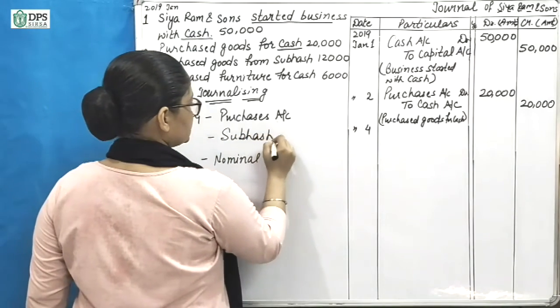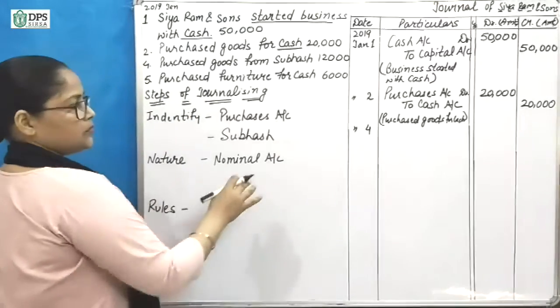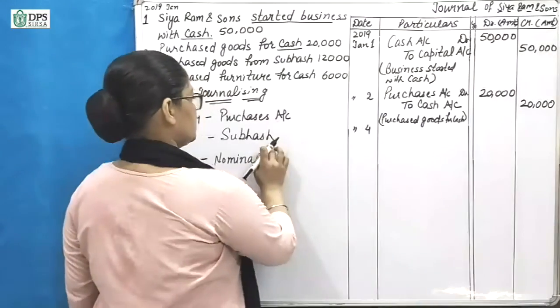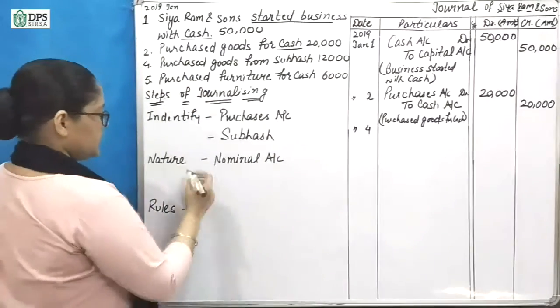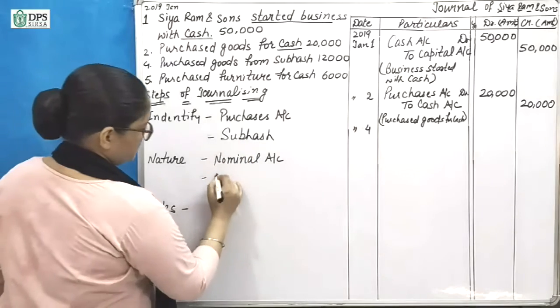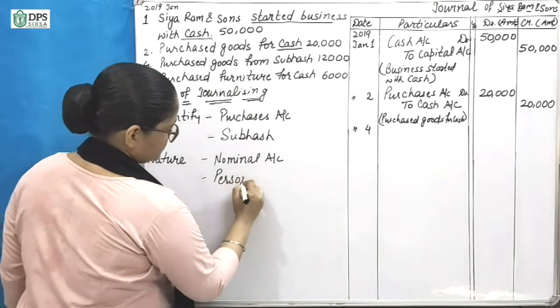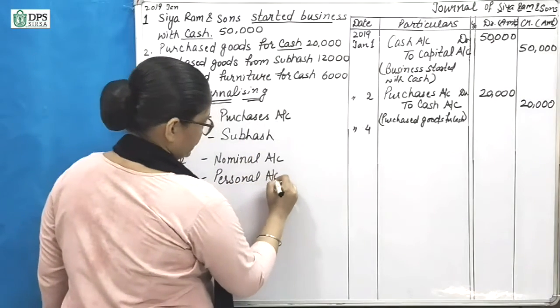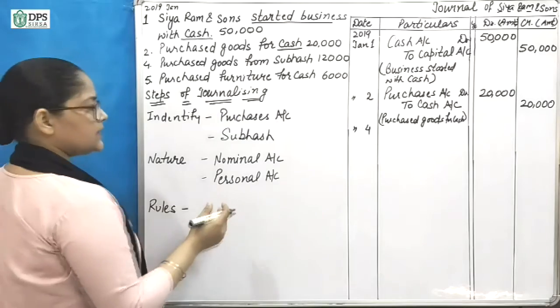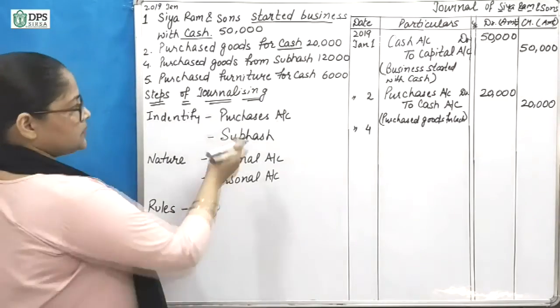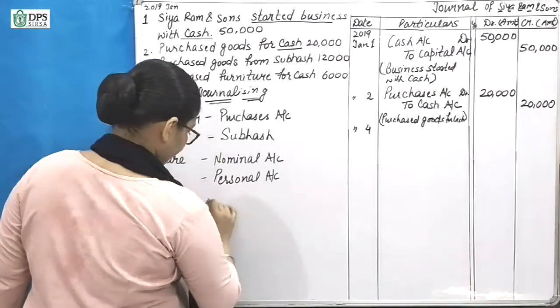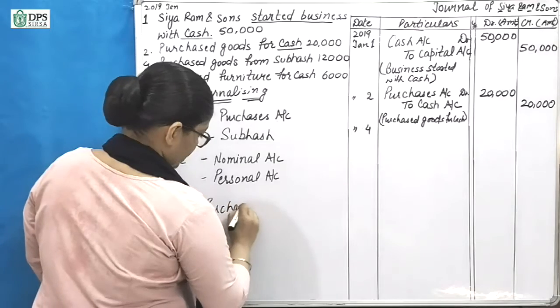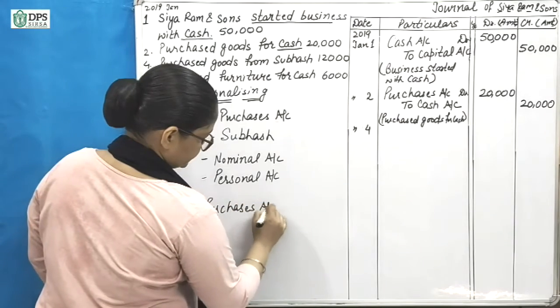When we do the journal entry, we will not write account. Next is Subhash, it is a personal account. Then the nominal account rule is all expenses are debit, so purchases will be debit because it is an expense.